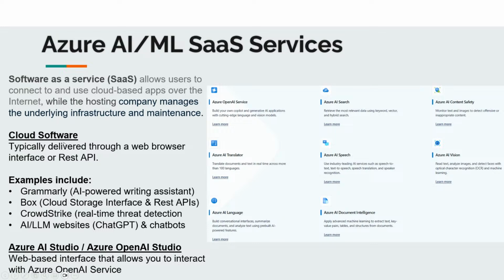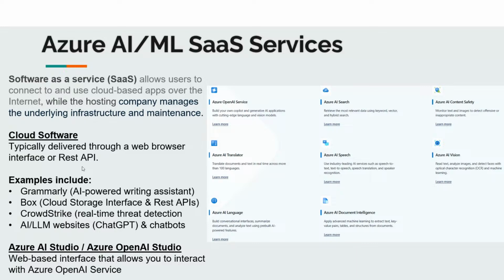So software as a service is cloud software, typically delivered through a web browser or REST APIs. There are a few other ways they could be delivered, like programmatic APIs or the various webhooks or other real-time APIs that we learned about in the second class.